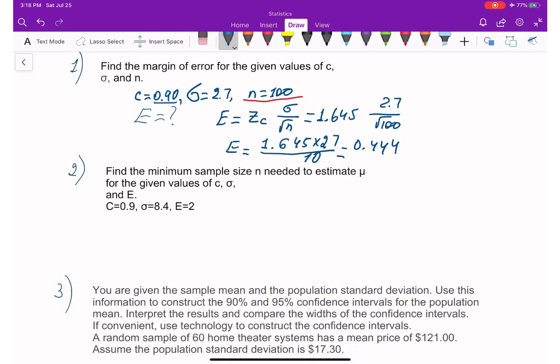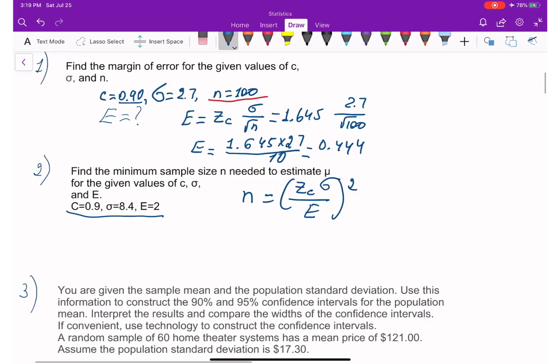Okay, next one. Find the minimum sample size n needed to estimate mu for the given value, confidence interval, sigma, and error. Okay, this is the data we are given. So we need to find the minimum sample size. Remember, we are going backwards. Minimum sample size is equal to z critical times sigma over error, squared.